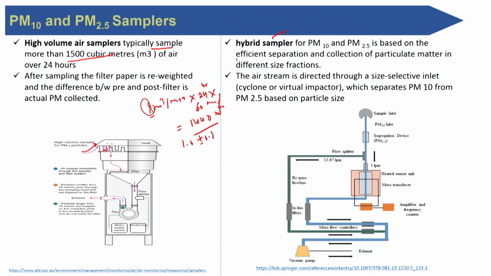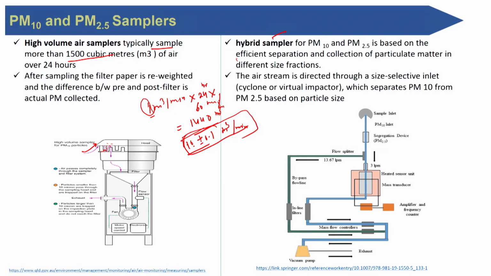Generally it is not precisely 1, it will sometimes be 1.0 plus minus 0.1. If your flow rate is in this range of meter cube per minute, it is okay. So plus minus 10% deviation in the flow rate is accepted, not too much. Beyond that, you will have huge uncertainty.